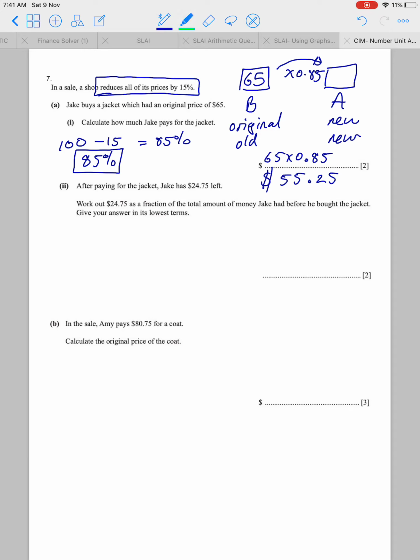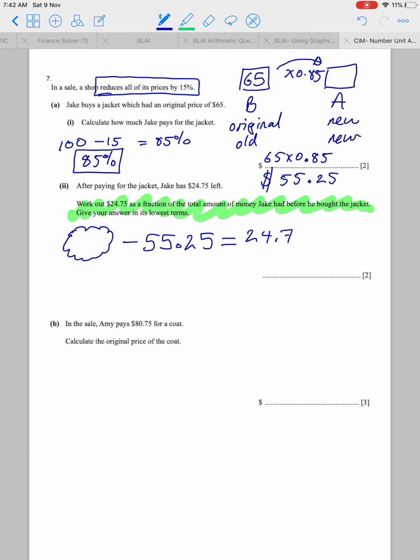After paying for the jacket, Jade has $24.75 left. Sometimes when I read the information, I make a note of what's going on. Jade's $55.25, he's just spent that on the jacket. So imagine that Jade had this chunk of money here. He's just bought his jacket and so he has $24.75 left.